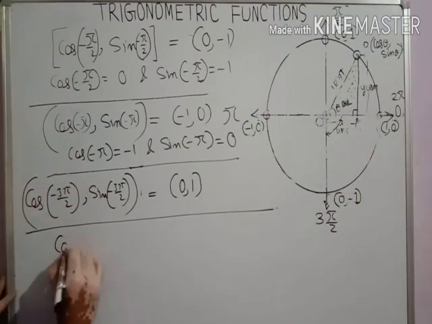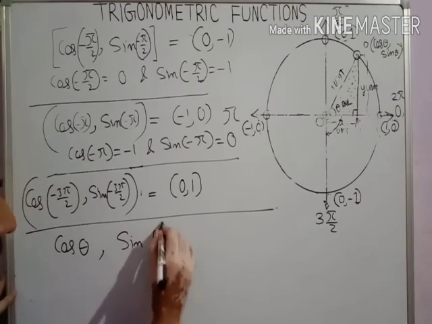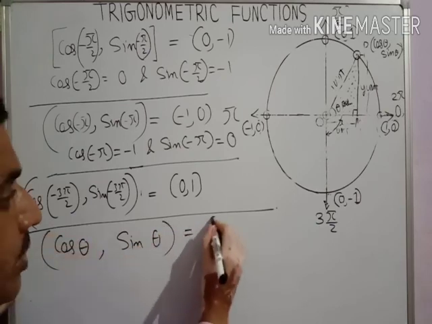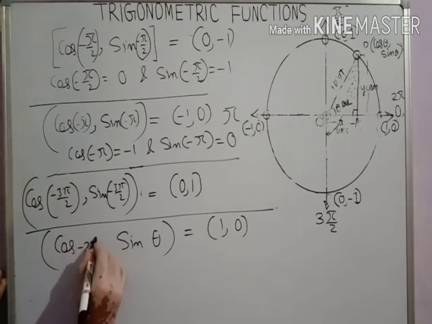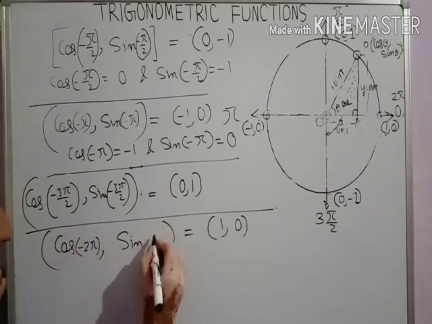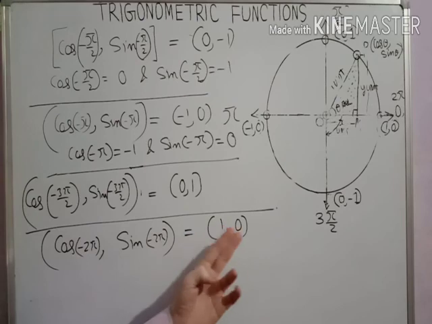I mean cos theta comma sin theta equals 1 comma 0. I asked at which angle? You said sir this time clockwise, so we are getting negative theta. So minus 2 pi, theta is minus 2 pi. It means cos minus 2 pi equals 1 and sin minus 2 pi equals 0.